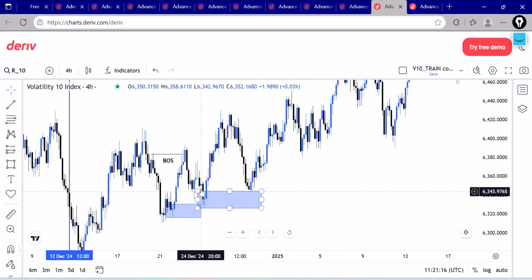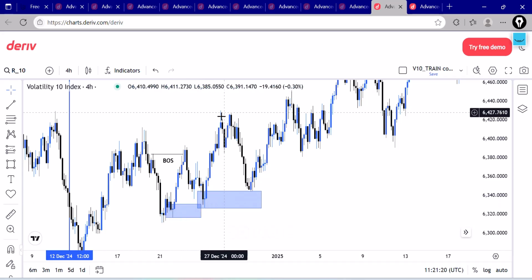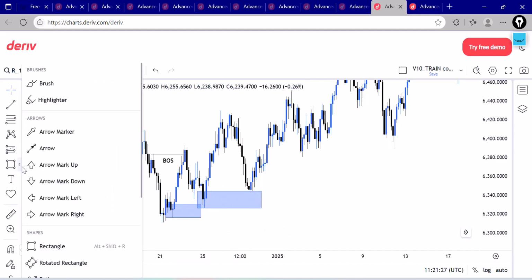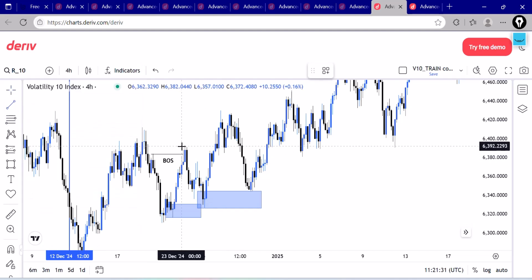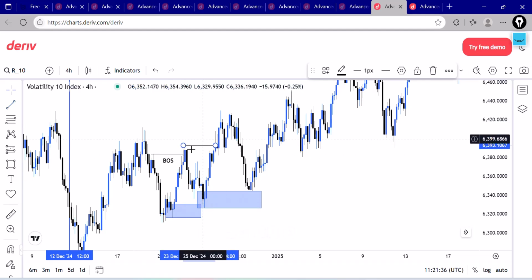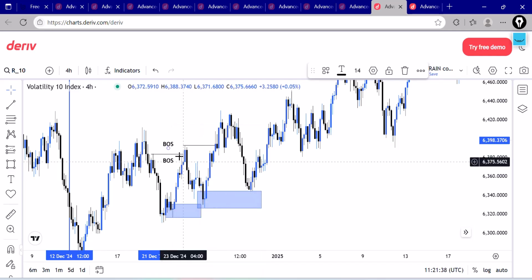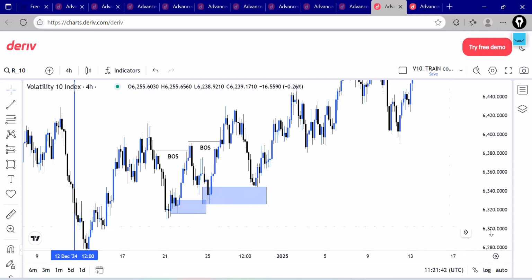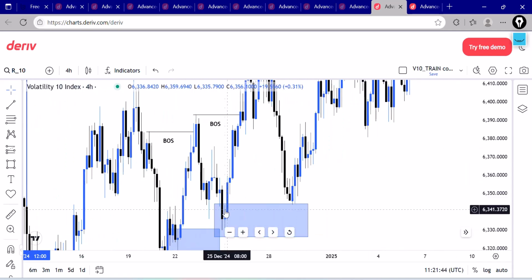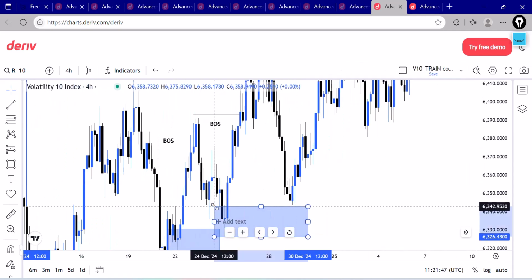Why? Because there was a massive movement that broke structure. There was a break of structure to the upside, and then there is also an imbalance.